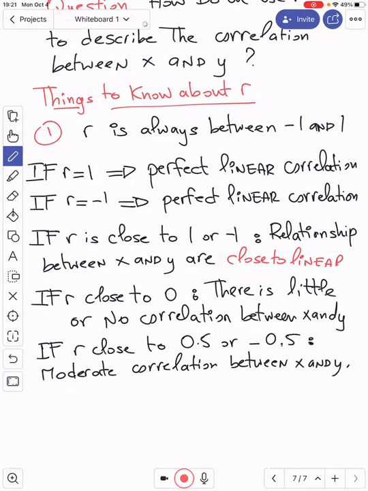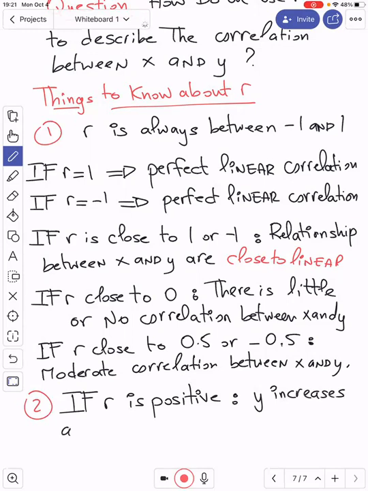So Y increases as X increases. In other words, the line is going up.